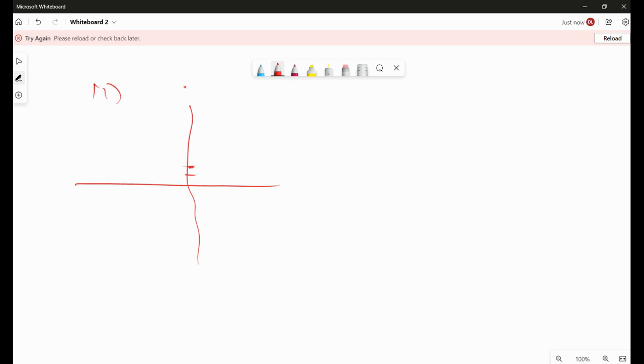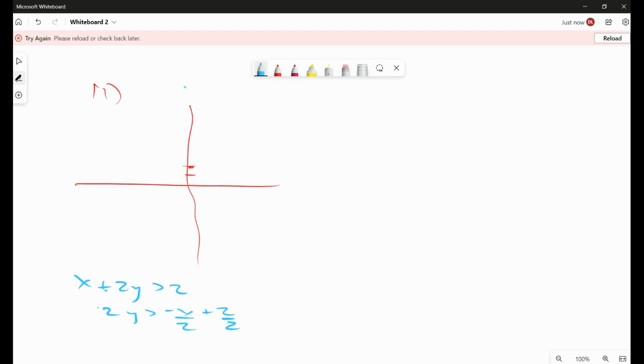This is a 2, and if I take that other equation, x plus 2y is greater than 2, I need to solve for y. So I'm going to do 2y is greater than negative x plus 2, and I'm going to divide everything by 2.